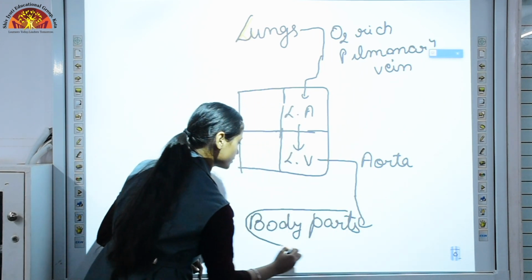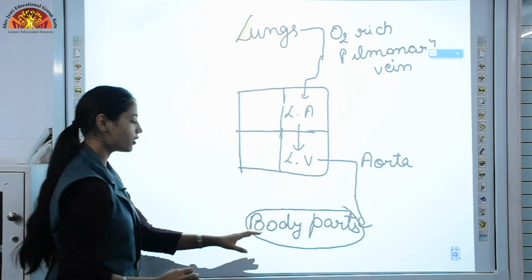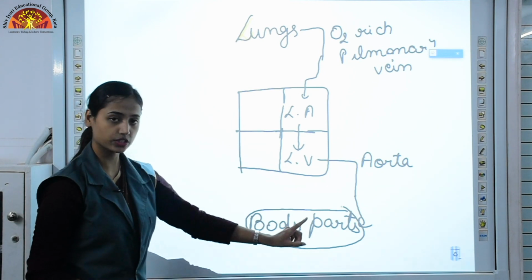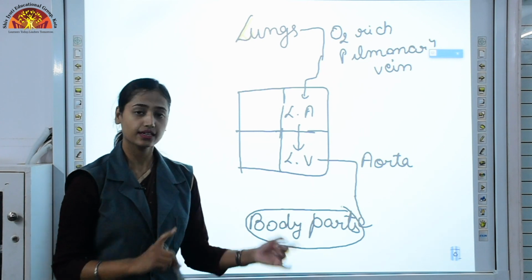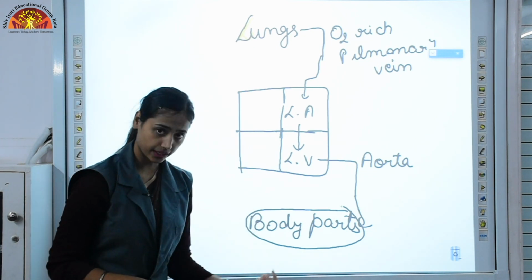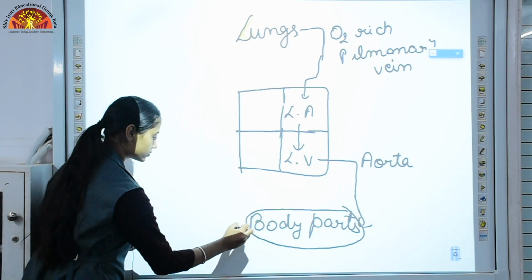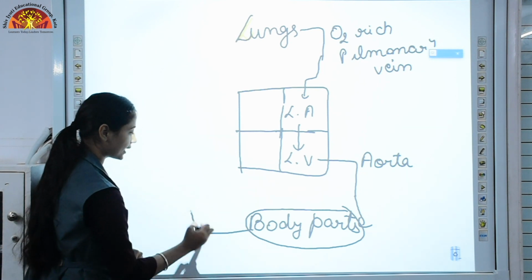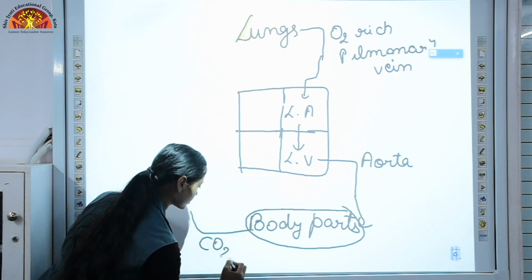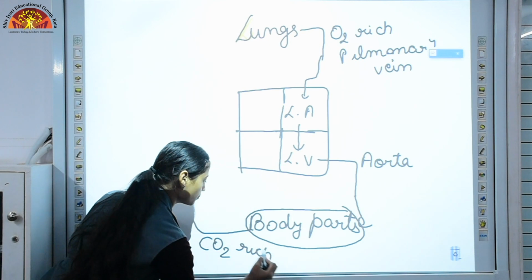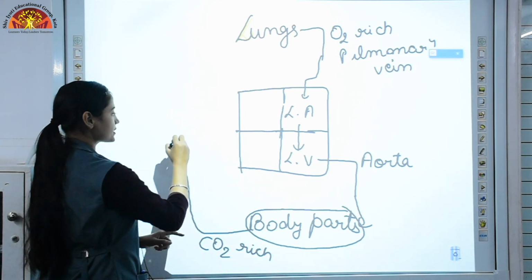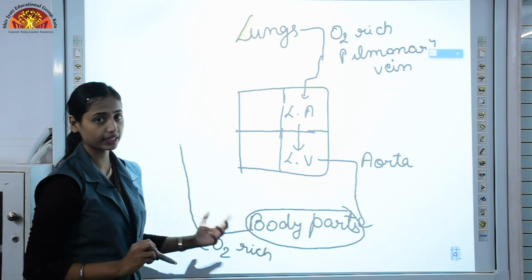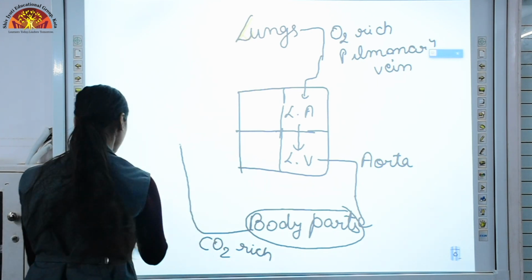body parts. Okay. Now after utilizing that oxygen rich blood, our body parts will release carbon dioxide gas. That gas will dissolve in our blood, and now this blood will carry carbon dioxide rich blood. Okay. And which blood vessel will carry this? Vein will carry, and the name of that vein is vena cava.